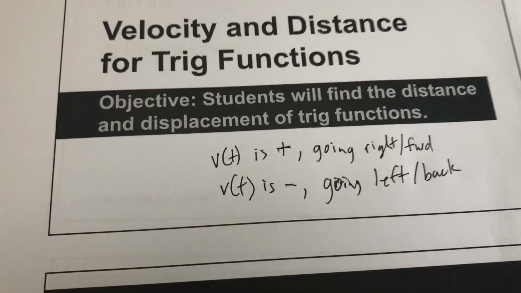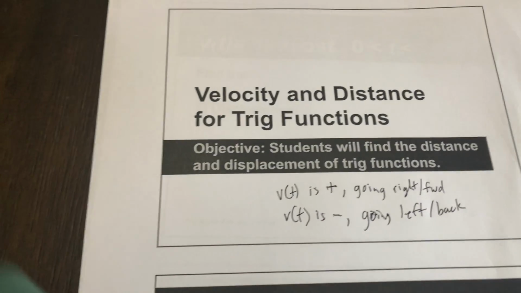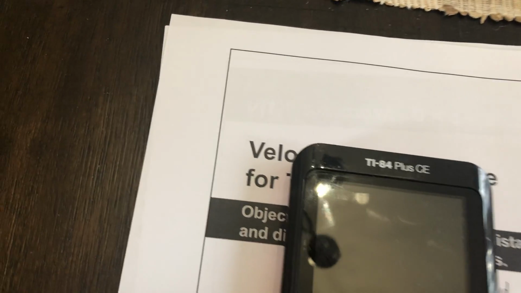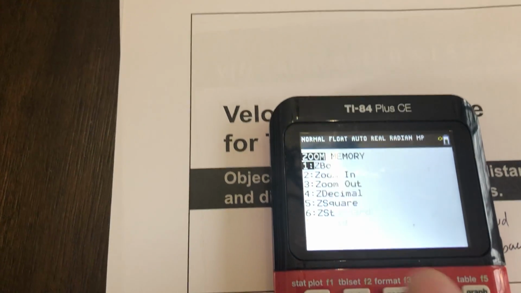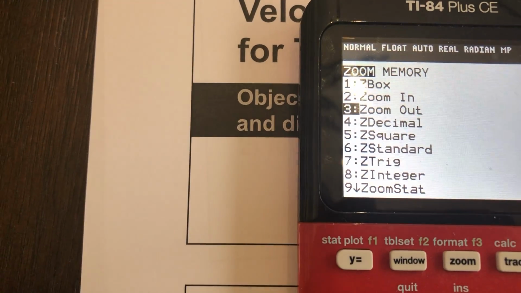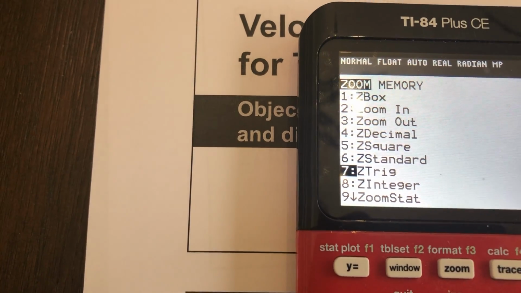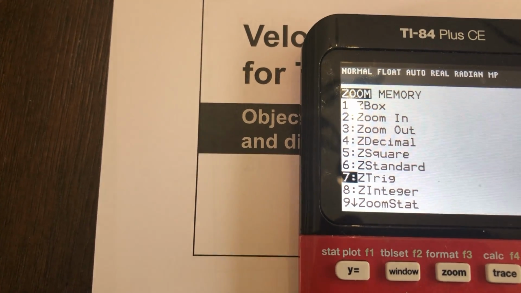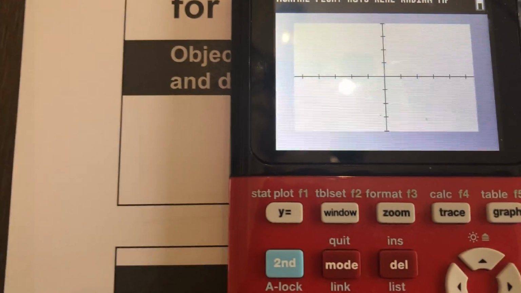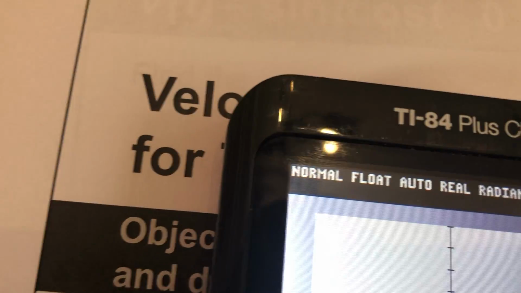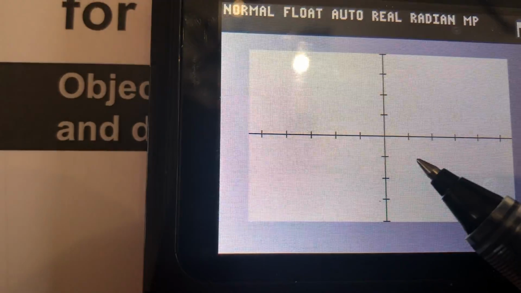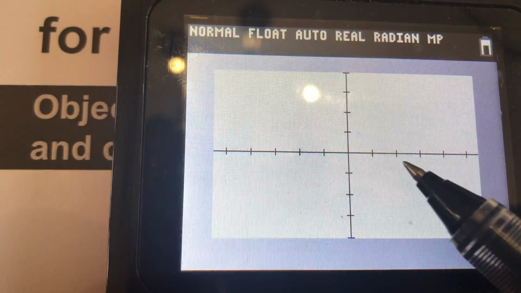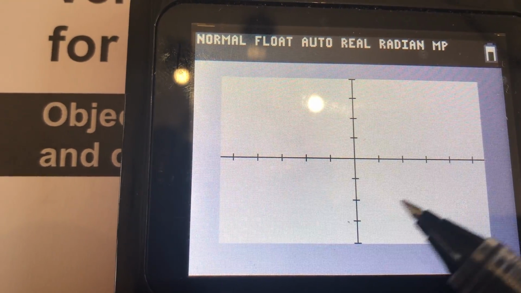Okay, so we're doing this for trig today. So one thing to get started here, we want to hit zoom and then go down to number 7 here, which is trig, because it'll make it easier for us to tell on our trig graphs what's happening. When you see the graph of trig right here, each of these little tick marks, each of those counts for pi over 2.